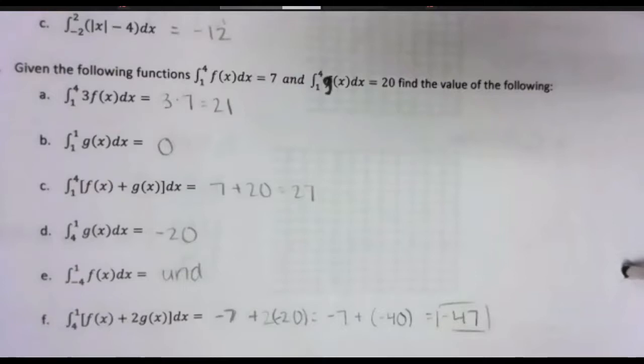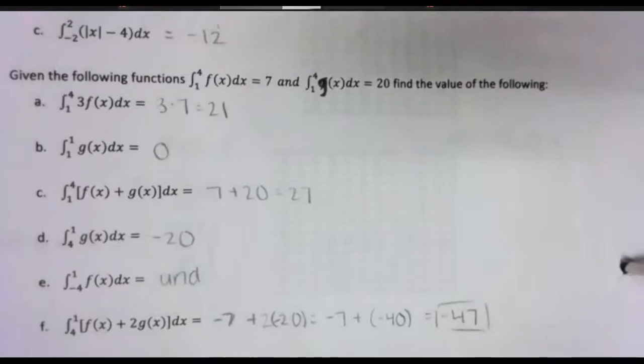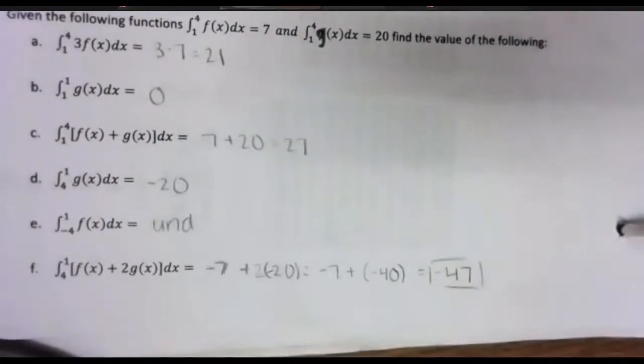The only one that was maybe a little tricky is letter E. E is undefined because there is no definition or area that goes from -4 to 1. Therefore, it is undefined. Now, undefined is different than no solution. You do not put no solution. That's not the same.